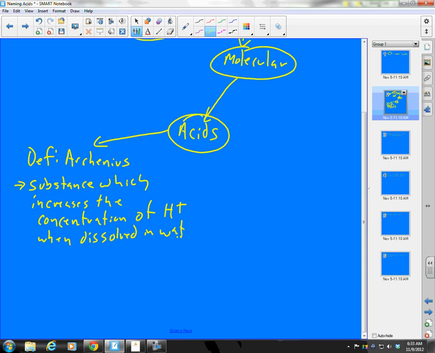We don't know really what concentration is, but just think about it as this: it's a substance which increases the amount of H plus. So we can put in, instead of concentration, amount for the time being until we learn concentration. A substance which increases the amount of H plus when dissolved in water. The general form for this is going to be H and then X, where X is a nonmetal.